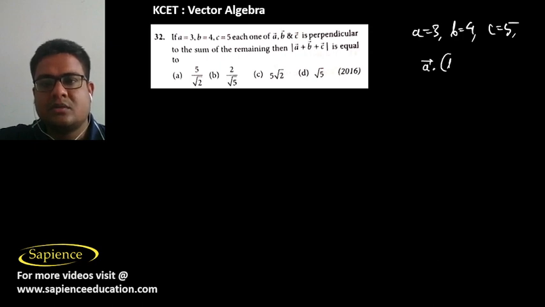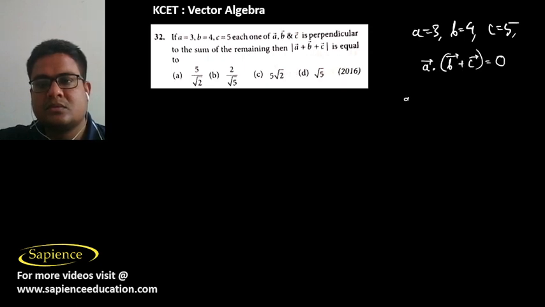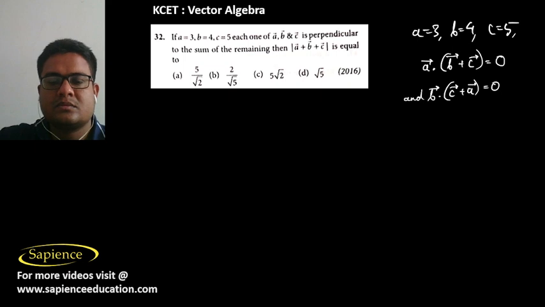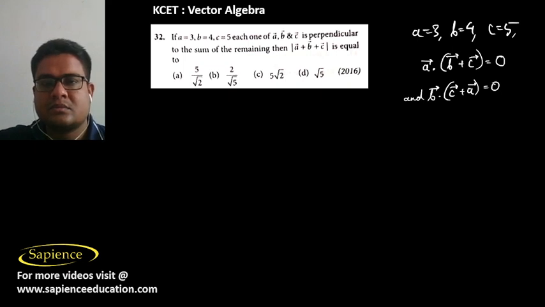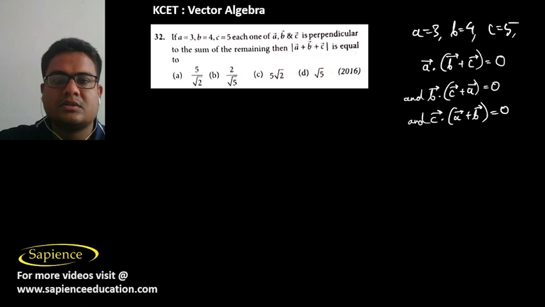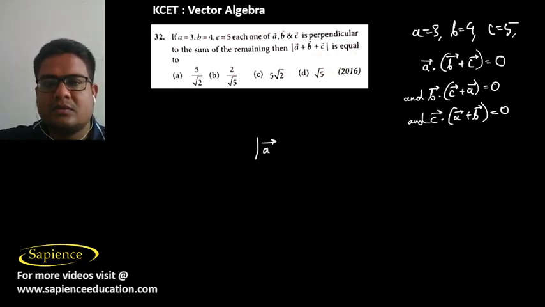It means a dot b plus c is equal to 0, b dot c plus a is also equal to 0, and c dot a plus b is also equal to 0. Since each one of a, b and c is perpendicular to the sum of the remaining, what is the magnitude of a plus b plus c?